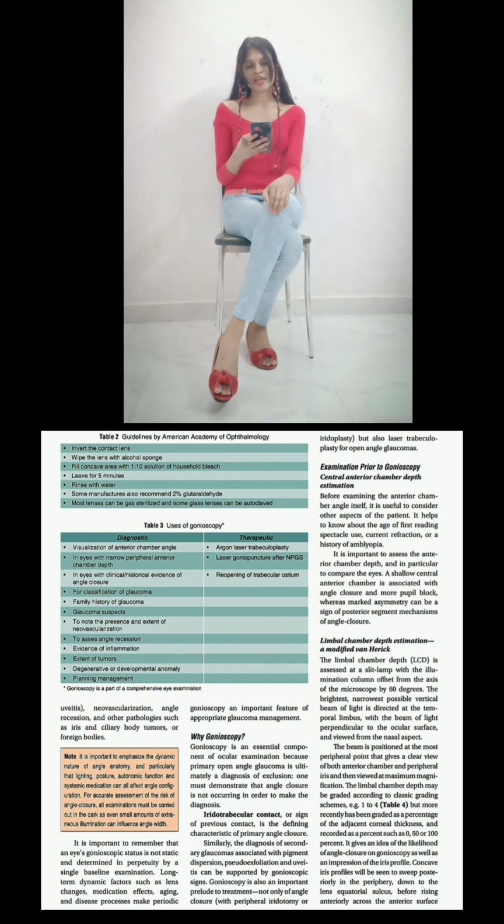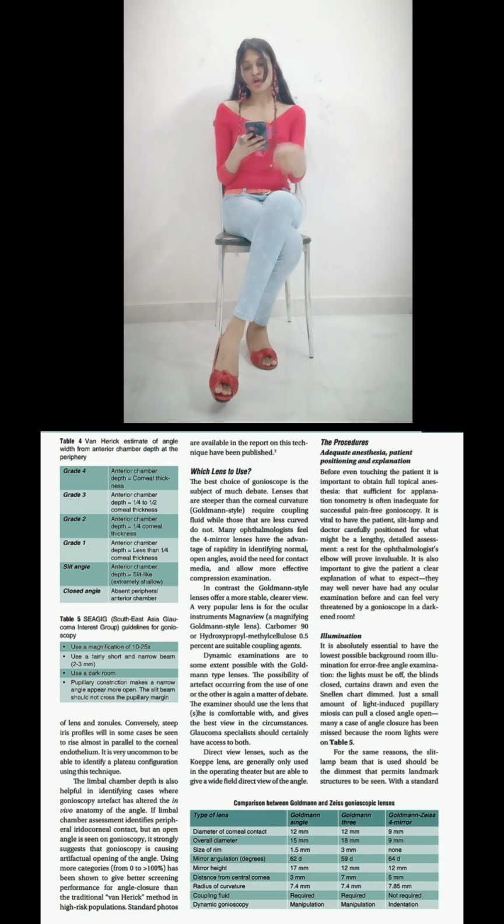Concave iris profiles will be seen to sweep posteriorly in the periphery down to the lens equatorial sulcus before rising anteriorly across the anterior surface of the lens and zonules. Conversely, steep iris profiles will in some cases be seen to rise almost in parallel to the corneal endothelium. It is very uncommon to be able to identify a plateau configuration using this technique.